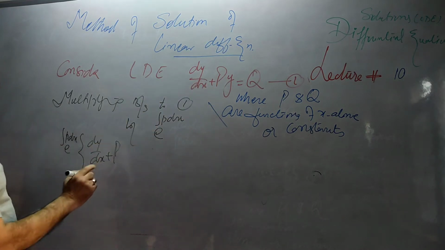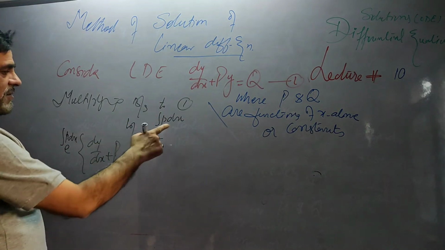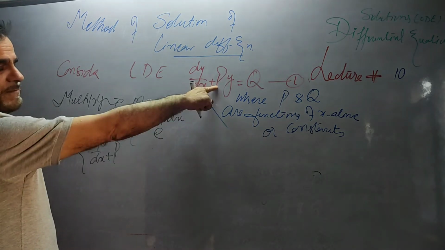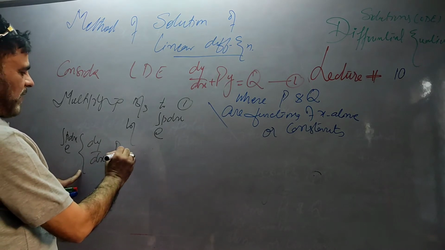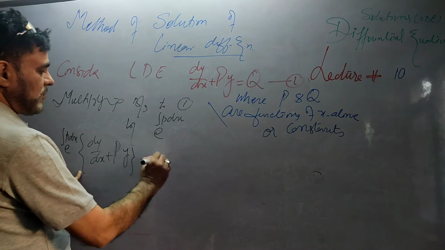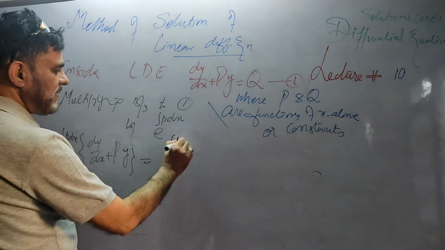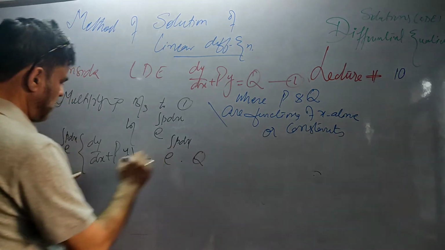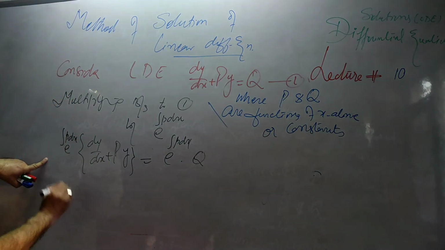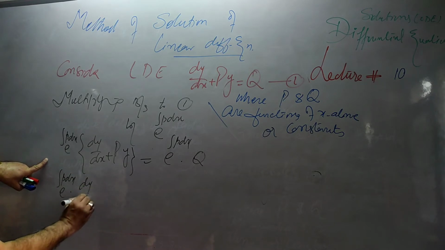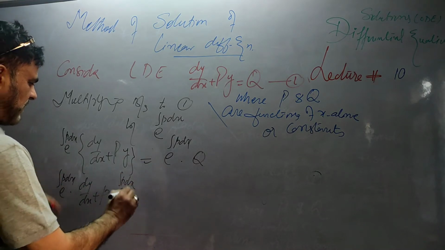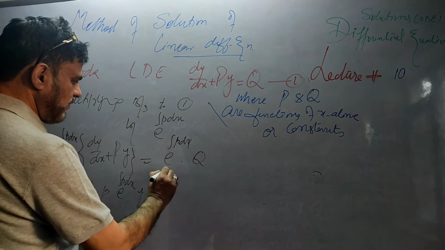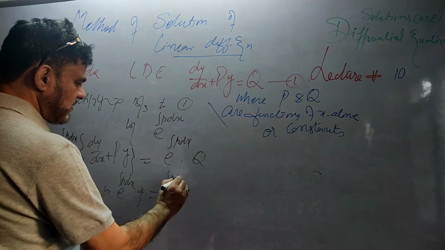This is the same p, a function of x, py, is equal to e raised to power integral of p dx into q. You can write e raised to power integral of p dx into dy by dx plus p e raised to power integral of p dx y is e raised to power integral of p dx q.